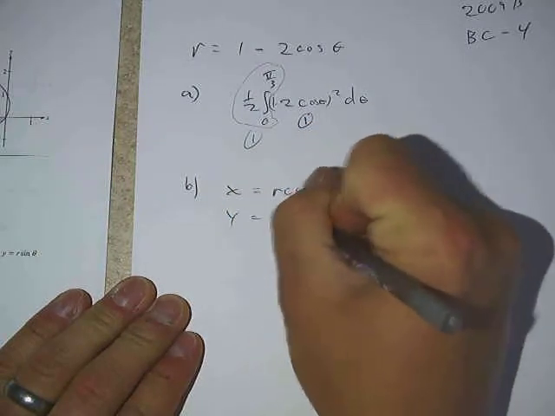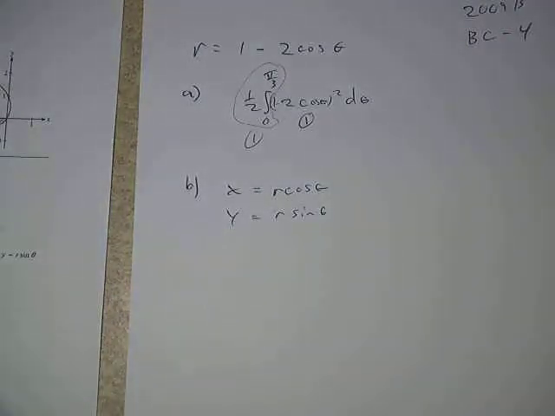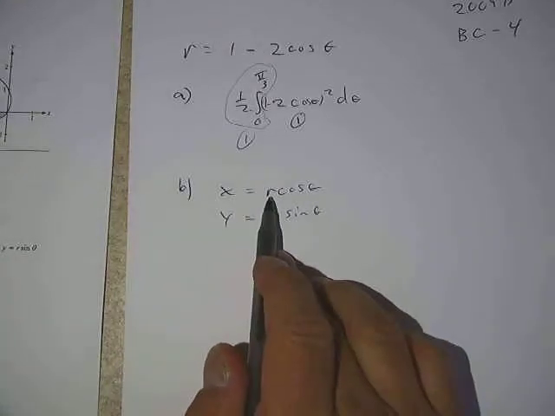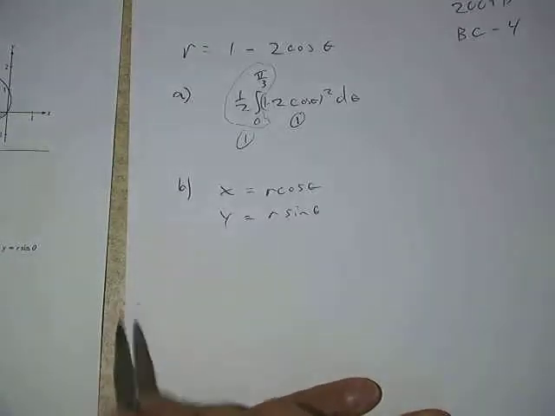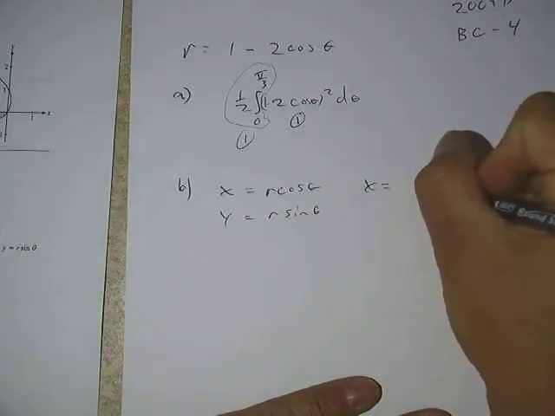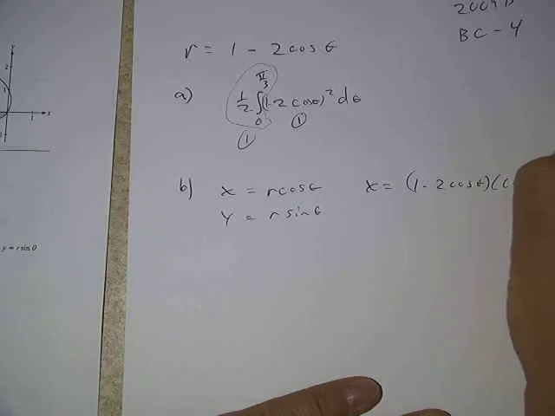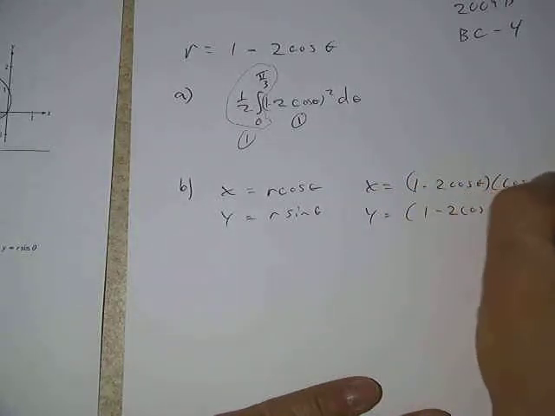So we know that x equals r cosine theta and y equals r sine theta, which is true for any polar curve. That's the relationship between x, y, r and theta. In our case, we can't find dx d theta right now because we have this r here, but what do we know about r? r is equal to 1 minus 2 cosine theta.